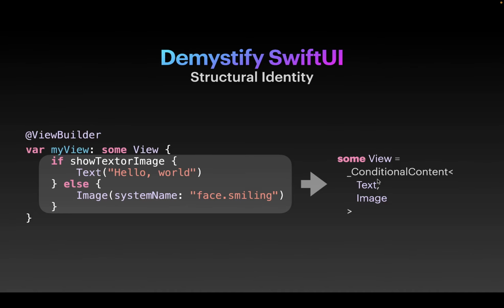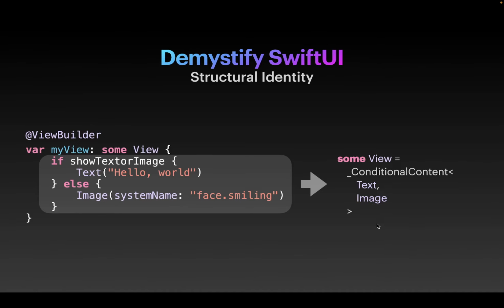It basically looks like a tree structure, and it organizes its internal structure based on your if statement. If you have more, like if, else if, else, you're going to contain three generic types here. In this case there are two generic types: the first one is Text, and the second one is Image.